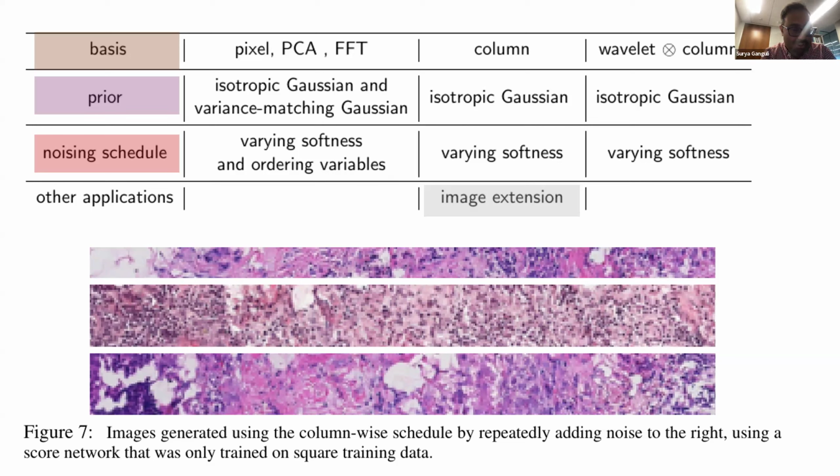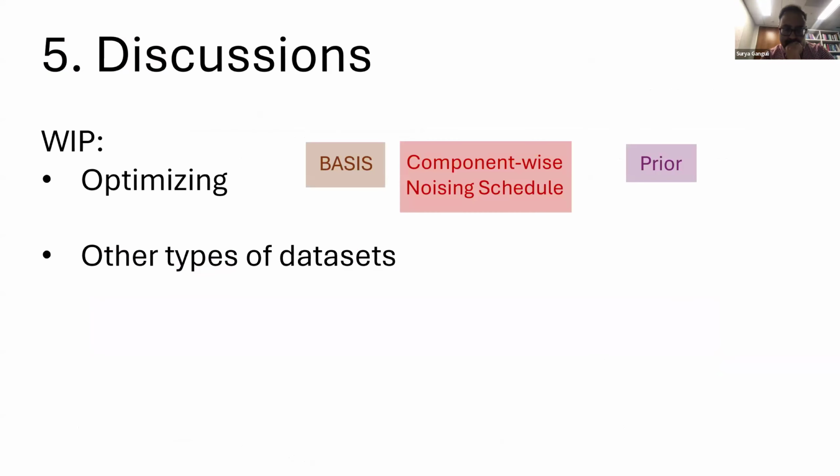Does your column-wise image extension do much better than that in some sense? Yeah, actually we haven't made that detailed comparison yet, but that would be indeed very interesting. We're applying for more compute. Okay, thanks.